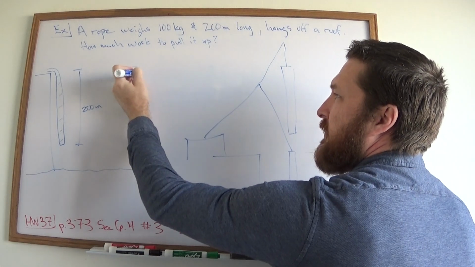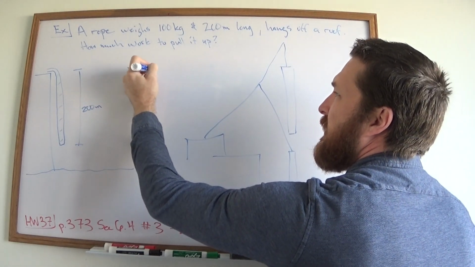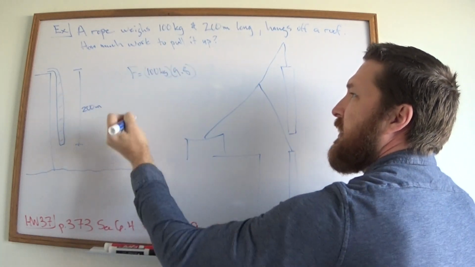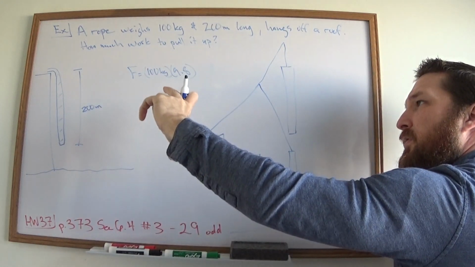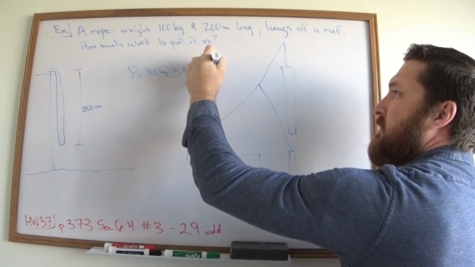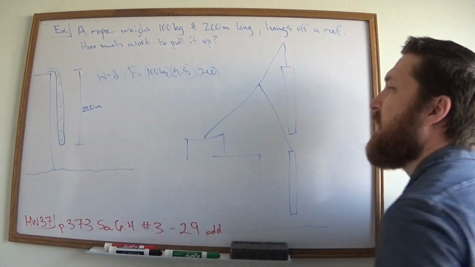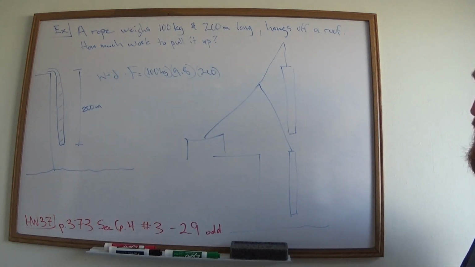The force equals the mass times the acceleration, so that would be 100 kilograms times 9.8 meters per second squared. And then I'd multiply it through that distance, 200 meters, and that would be your work. Force times distance is work. But that's not the situation here.